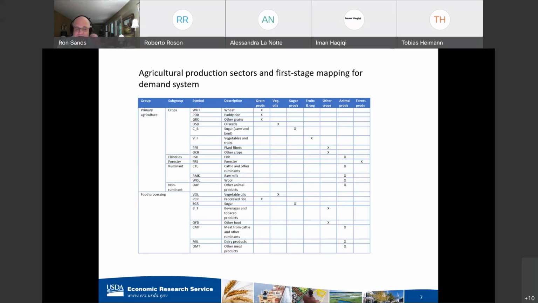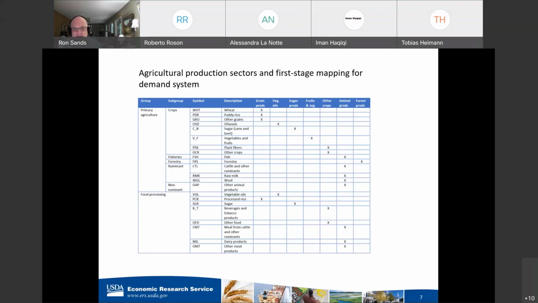The one thing you want to avoid in your consumer demand system is having calories increase at the same rate as income, because in these income scenarios, per capita GDP is increasing very rapidly in some of the developing countries. So you need a demand system that still gives you reasonable calories per capita consumed for each of the food products as incomes increase.